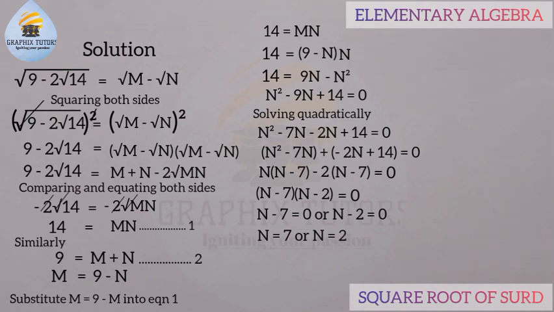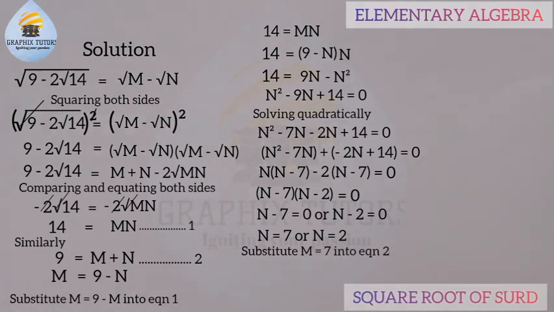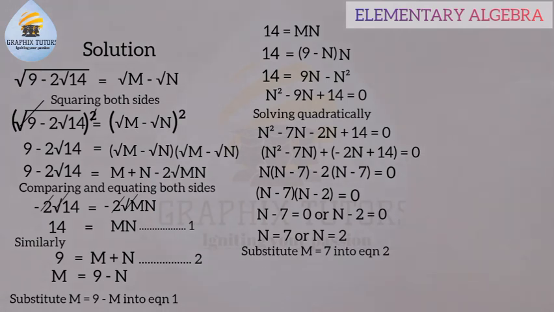Now you substitute n equals 7 into equation 2, or you substitute n equals 2 into equation 2, whichever one you want to choose. But I'm substituting n equals 7 into equation 2. So for my equation 2, I have 9 equals m plus n, right?